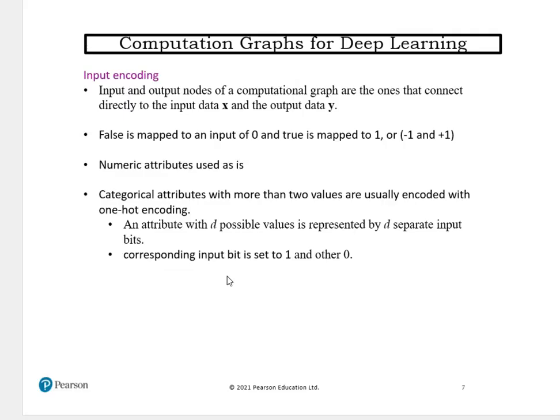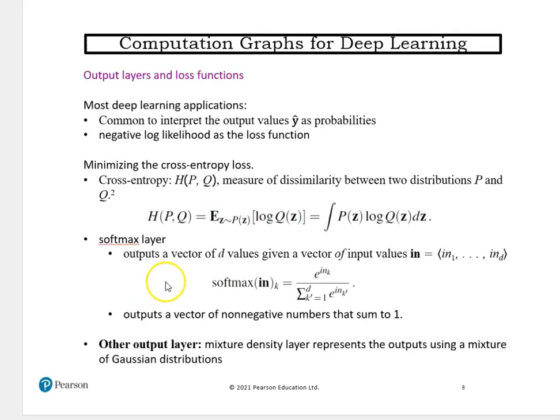Let's look now at the output layers and loss function. On the output side of the network, the problem of encoding the raw data values into actual values for the output node of the graph is very similar to what we did with the input layer.